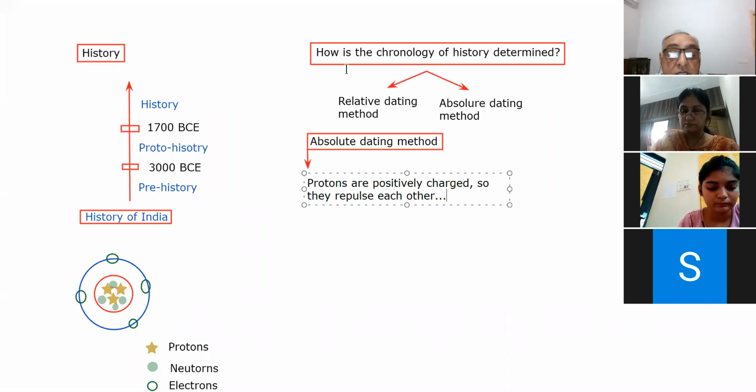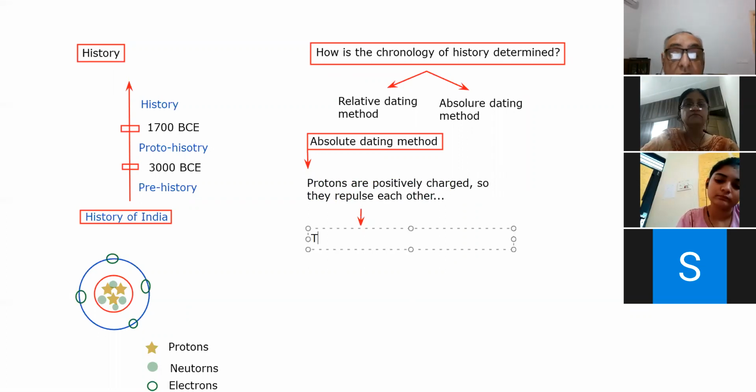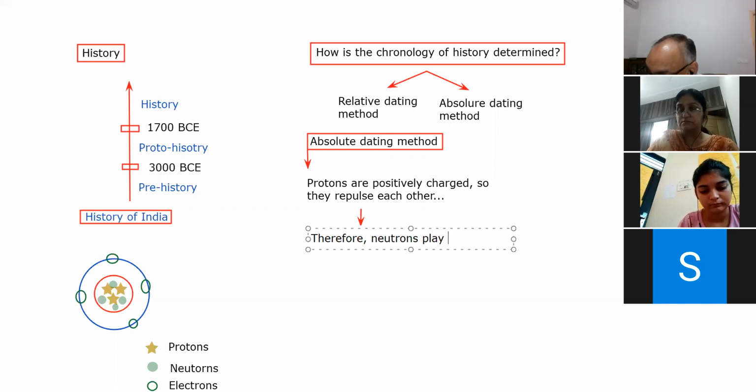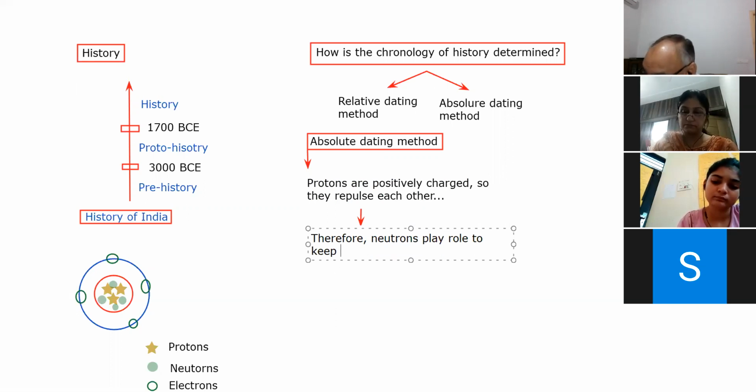Therefore, neutrons play a role to keep the repulsive protons apart from each other. So neutrons keep them away from each other.